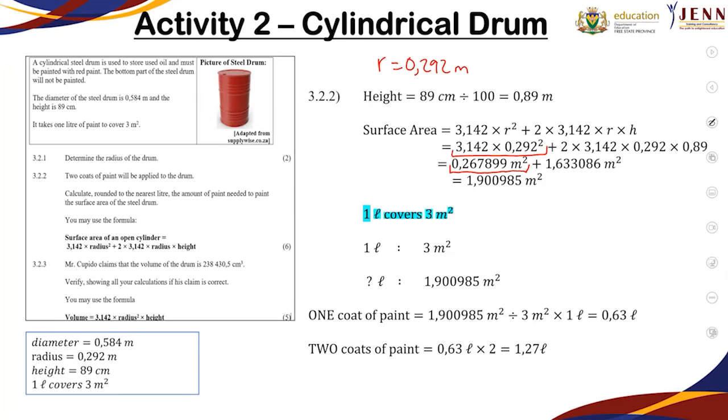Then plus, I can take this portion and multiply it together: 2 multiplied by 3,142 multiplied by 0,292 multiplied by 0,89. When I multiply everything, it gives me 1,633086 square meters. I add the two together and they give me 1,900985 square meters. So that is the area that you must paint on this drum.